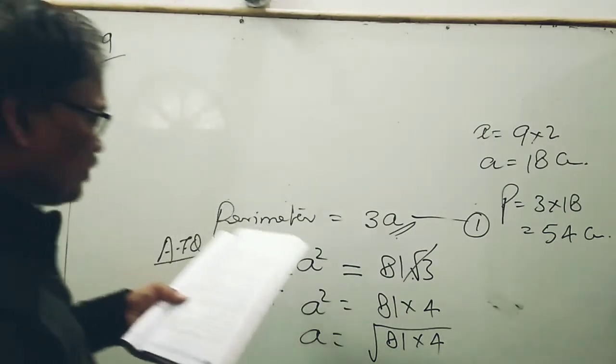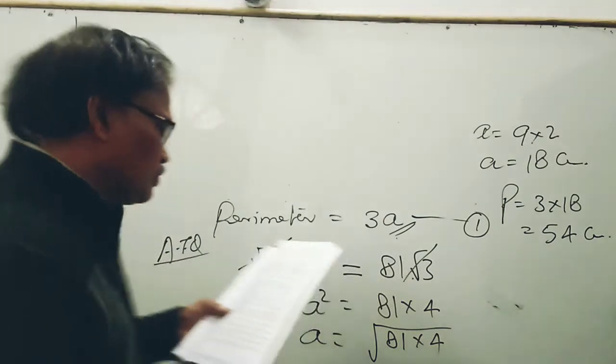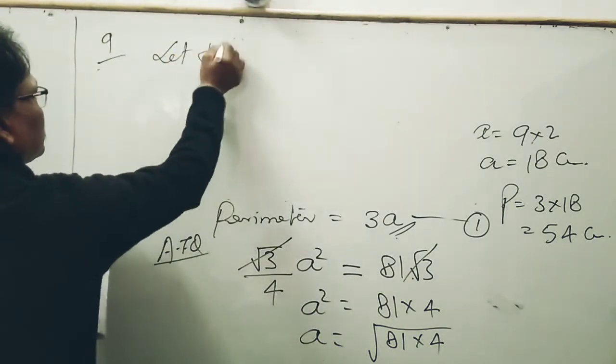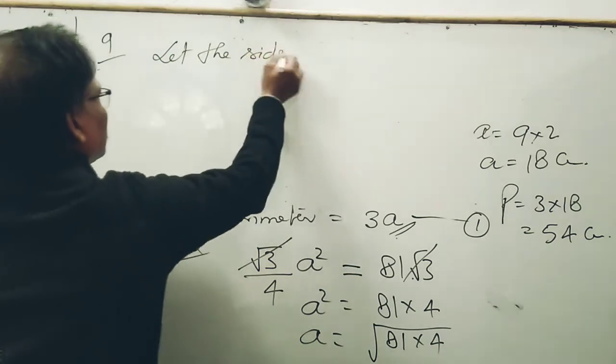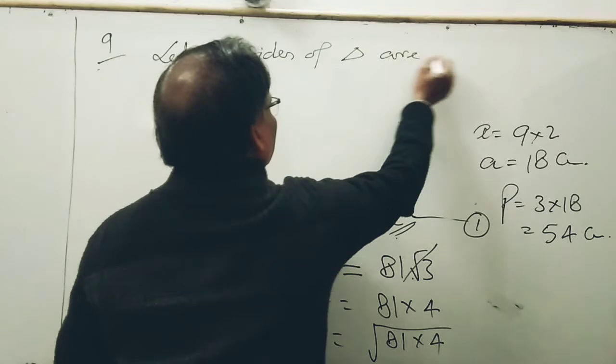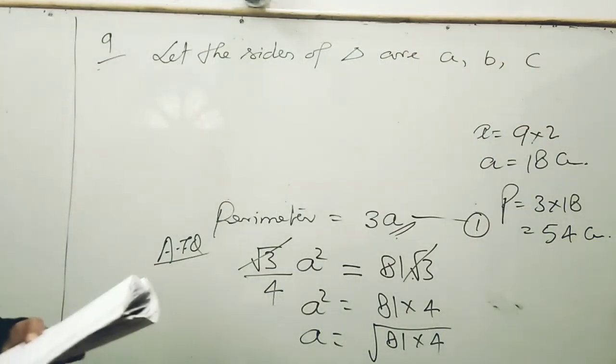In this question, the lengths of the sides of a triangle are in the ratio 3:4:5, means let the sides of the triangle be A, B and C centimeter respectively.